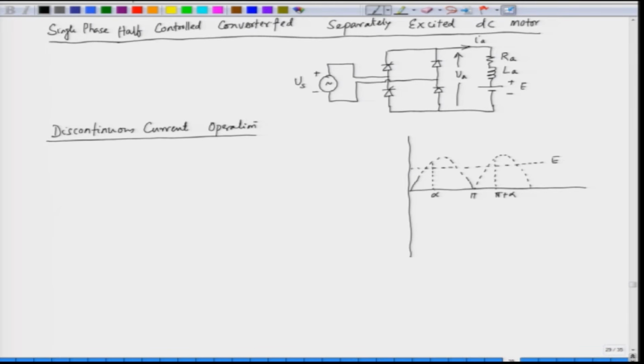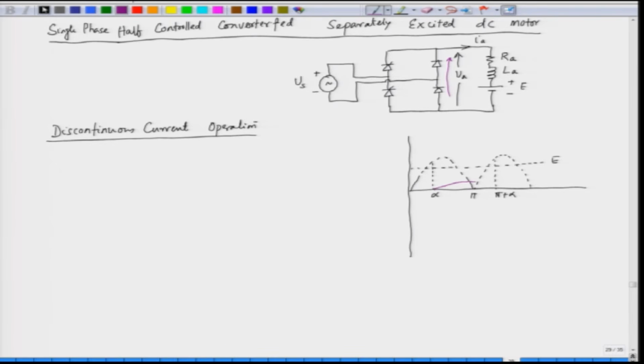If we trigger at an angle alpha, the current starts from 0 and at pi, when the voltage will try to become negative, the diodes will be forward biased. So, in this case we have a freewheeling path, through these 2 diodes. So, the voltage will not become negative.